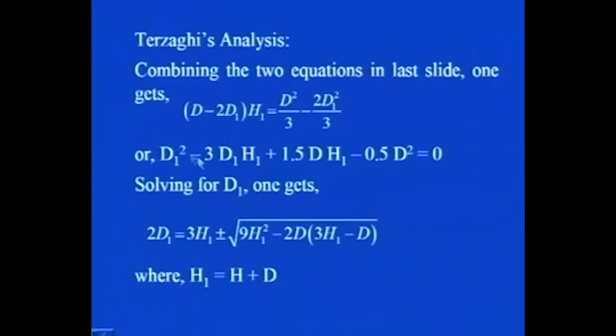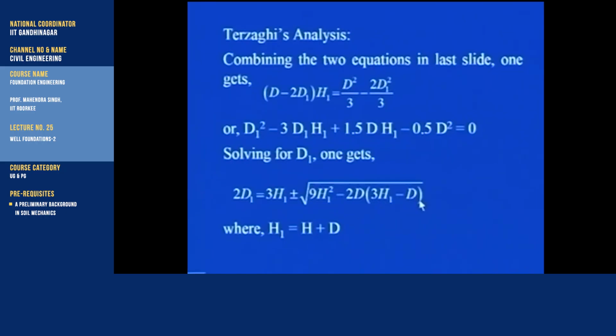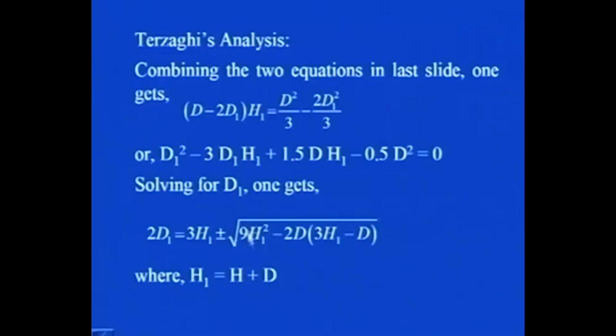So, using that expression, one can solve for d1 and get 2 d1 equal to 3 h1 plus or minus the square root of 9 h1 square minus 2 d into 3 h1 minus d, where h1 is known to us. For simplification purposes, we have written it in the form of h1, where h1 is h plus d.